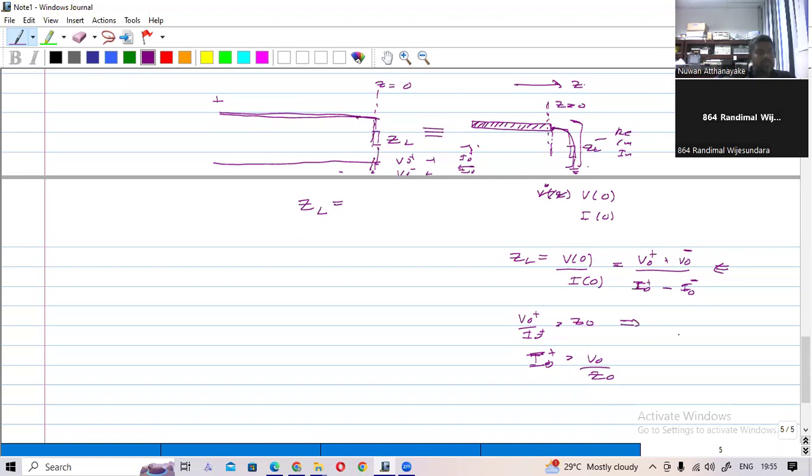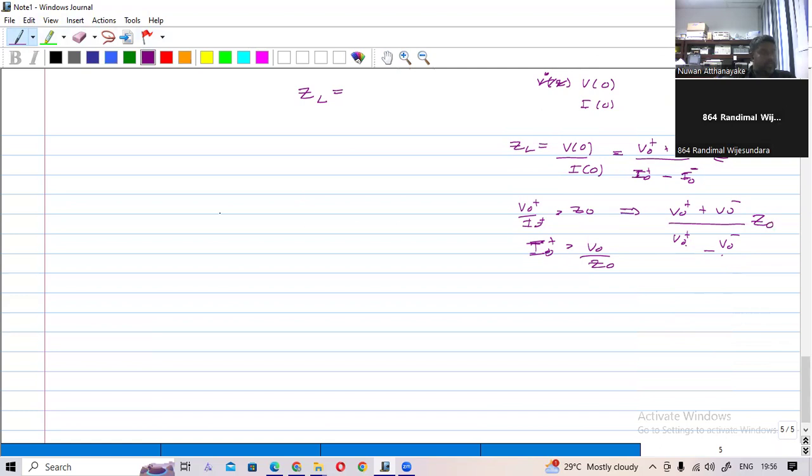So you can write this as V naught plus V naught minus divided by V naught plus divided by Z naught minus V naught minus divided by Z naught. You can get the common denominator, then it will be V naught plus minus V naught minus, and then you can get this Z naught here.